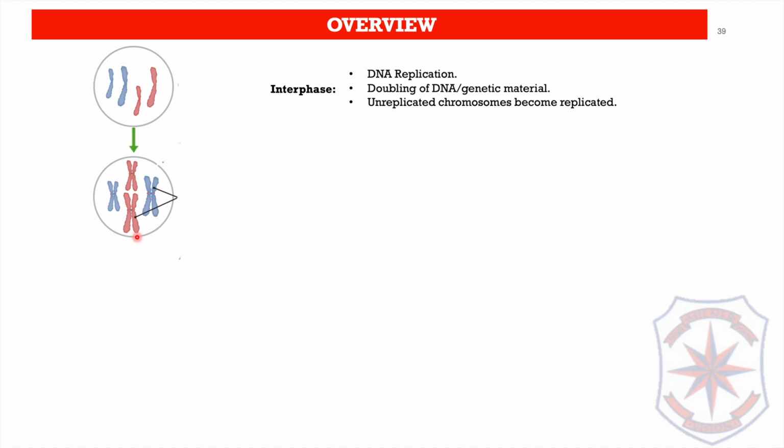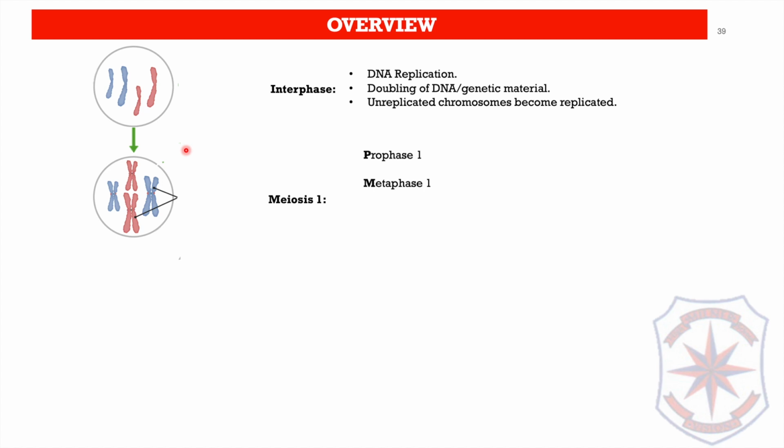They contain 2 chromatids each, and the blue unreplicated chromosomes, after interphase, will now have 2 chromatids each. Okay, now when the cell is like this, containing replicated chromosomes, it is ready to divide. So it will undergo meiosis 1. Meiosis 1 is divided into 4 phases.